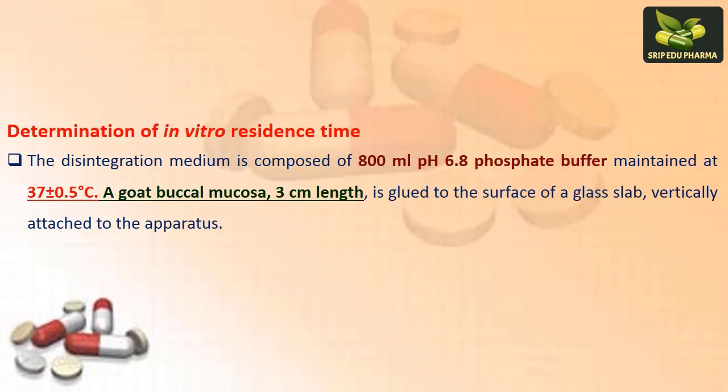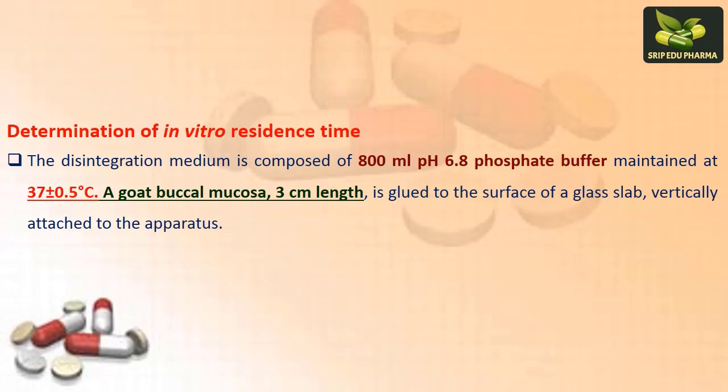The next evaluation parameter is determination of in vitro residence time. The in vitro residence time is determined using a USP disintegration apparatus, and the disintegration medium is composed of 800 ml of pH 6.8 phosphate buffer maintained at 37 degrees plus or minus 0.5 degrees Celsius.